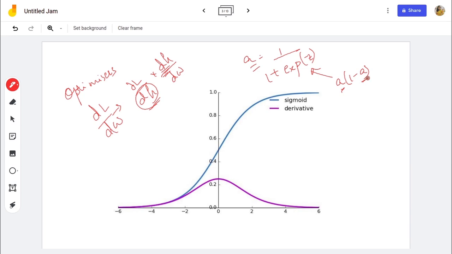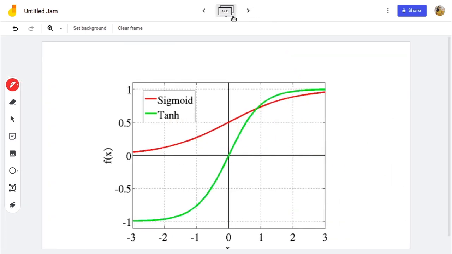So, you can just place values and that saves a lot of computations. So, this is about the sigmoid function. Let us move on to the next function. One thing here you might have noticed is sigmoid lies between 0 to 1. Its value does not go beyond 0. So, now let us move on to the next function, the tan h function.